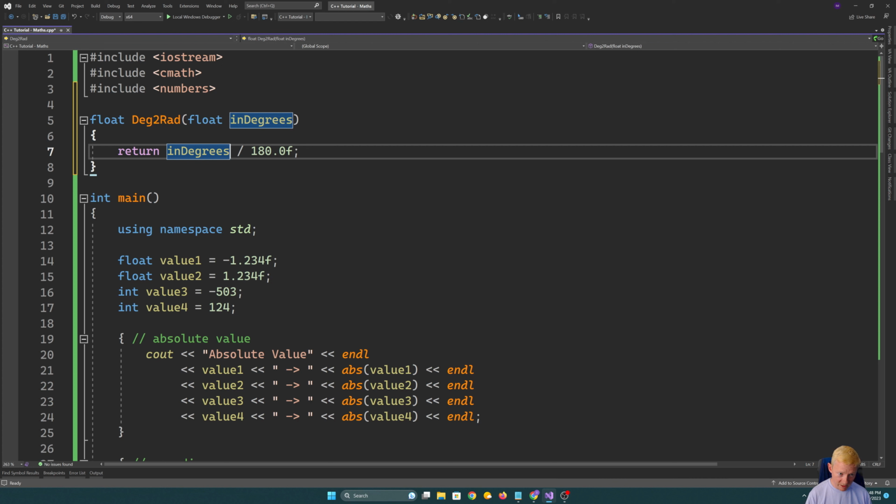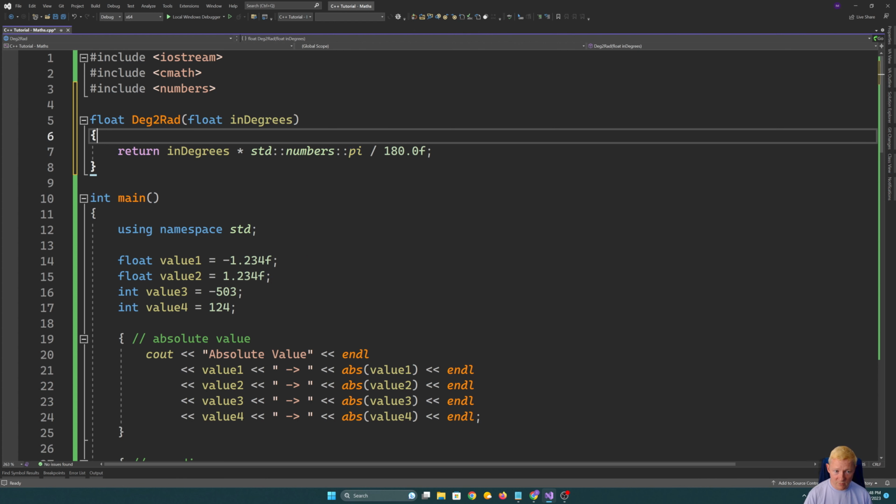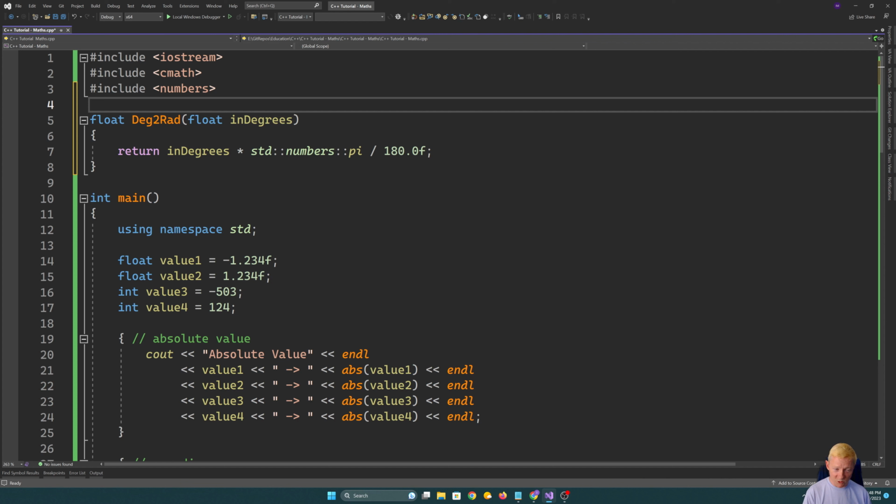Do the actual multiplication first. So in this case, we would have to do std::numbers::pi, like that.